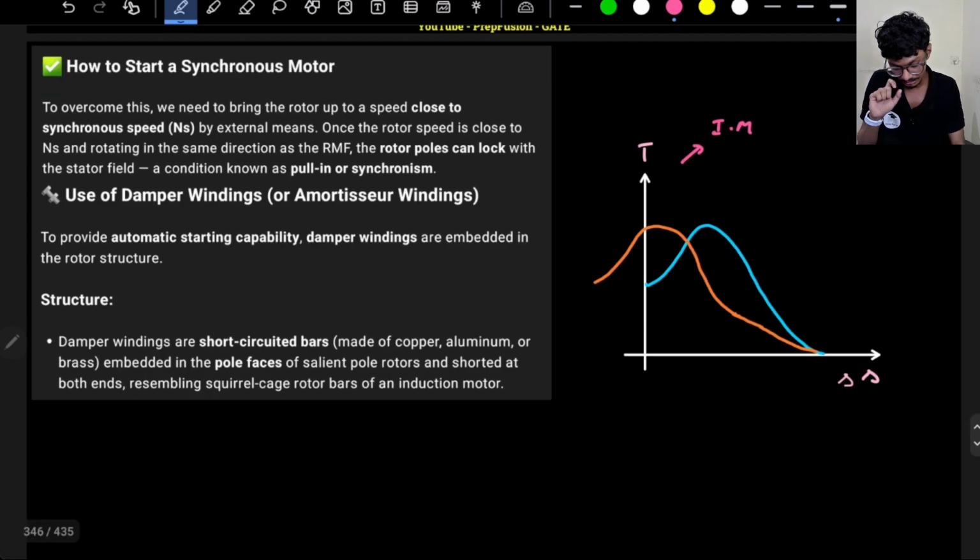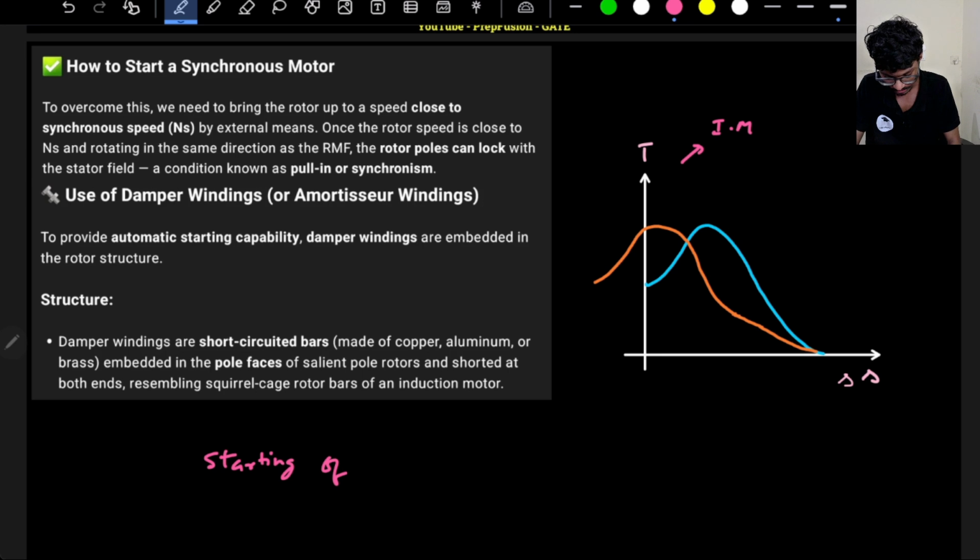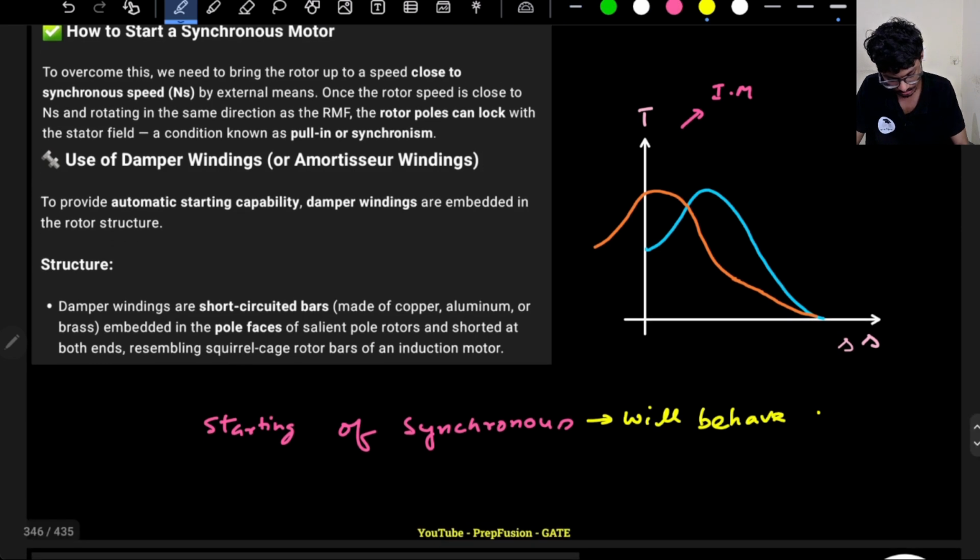The starting of a synchronous machine will behave as an induction motor.